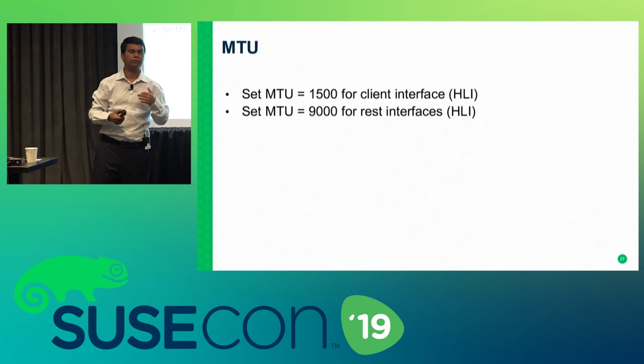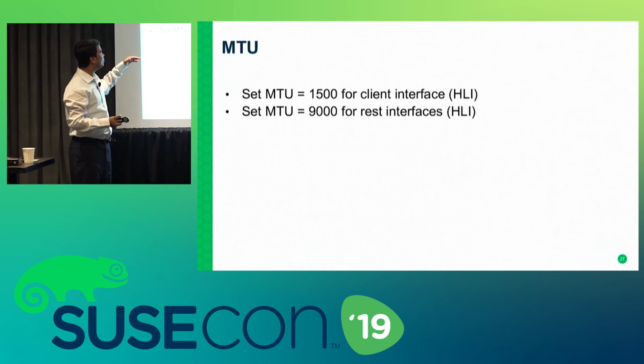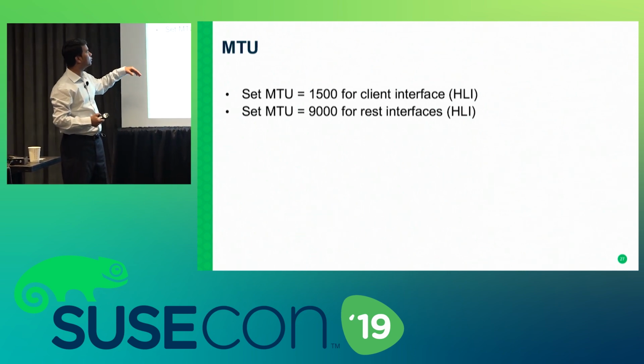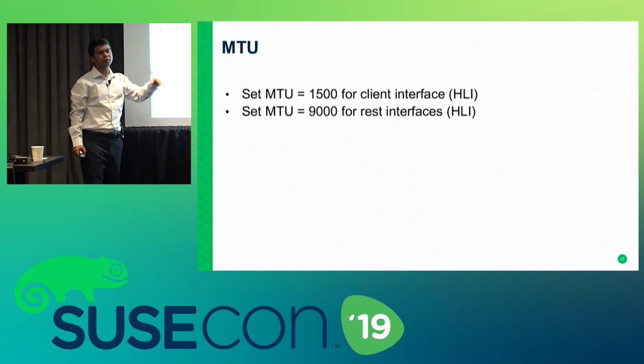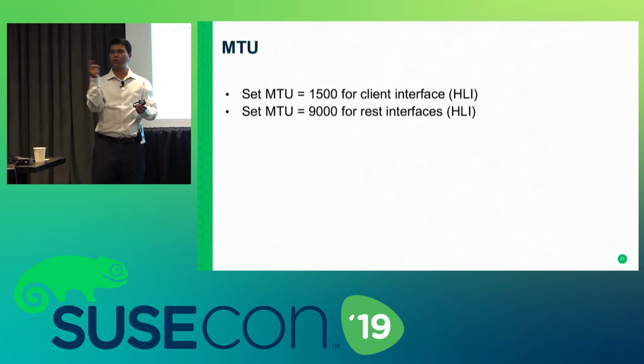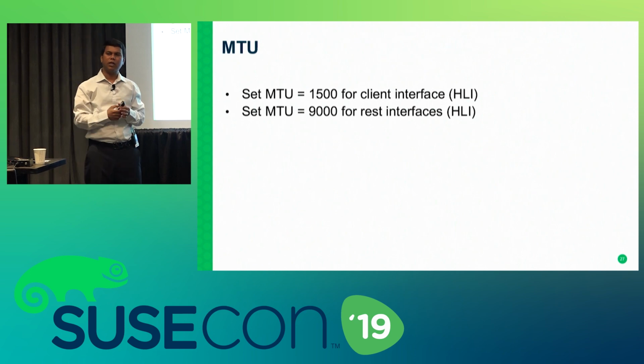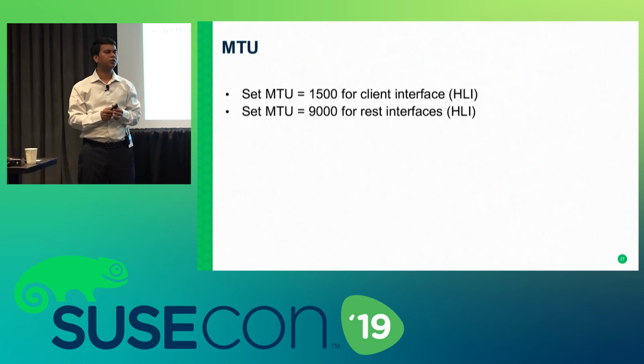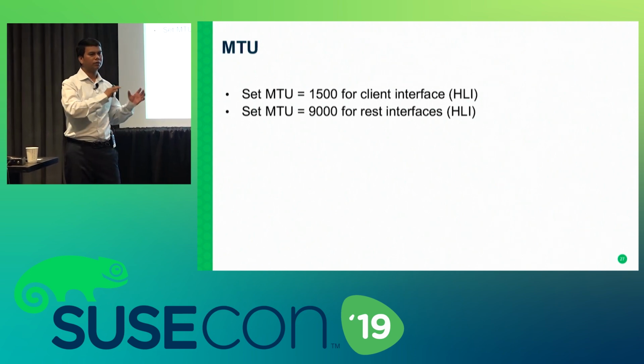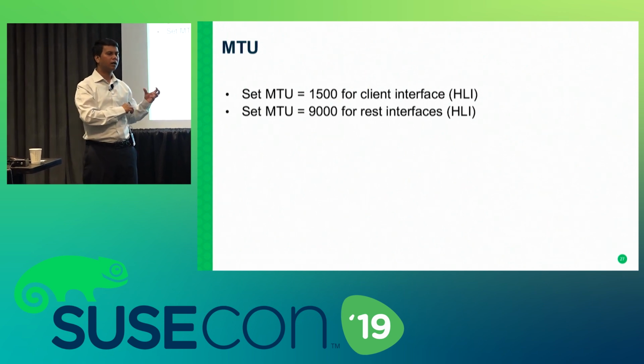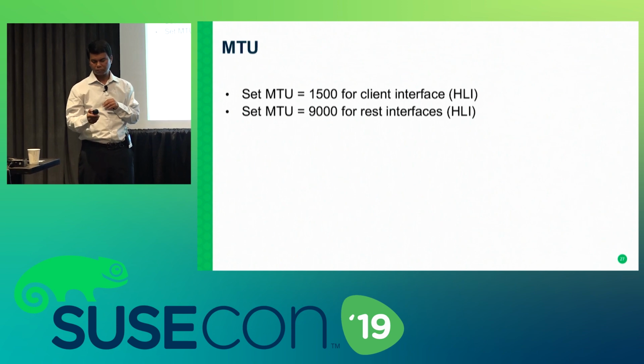So we feel very happy when we talk about MTU, because that took a long time for us to determine. For the rest of the interfaces like node to node, you can still use MTU equal to 9000, which gives you jumbo frames, which allows you to synchronize your data from one node to another node in a speedy manner.